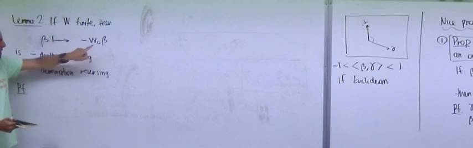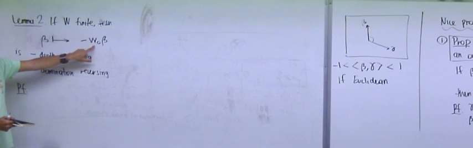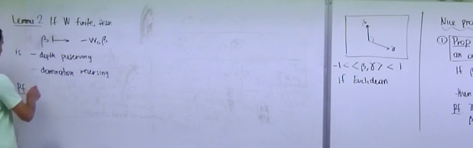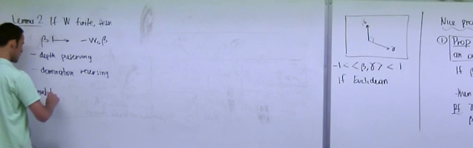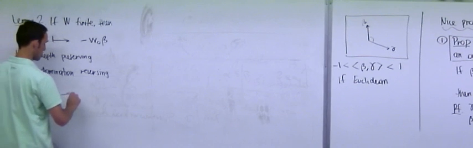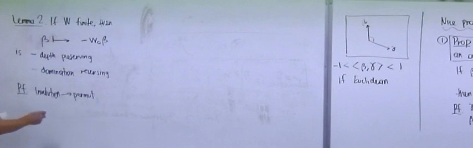If you multiply this by W naught and put a negative sign in front of it, then minus times minus is plus, and W naught times W naught is also the identity. Yeah? So this is an involution, which means it must be a permutation. The inverse is itself. Okay?